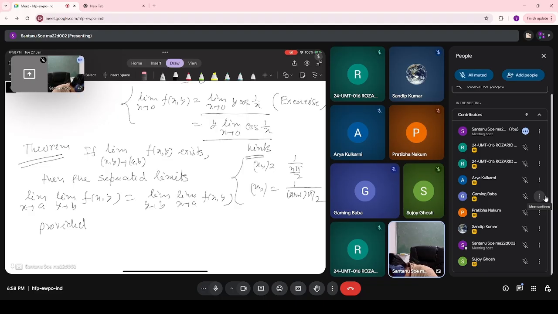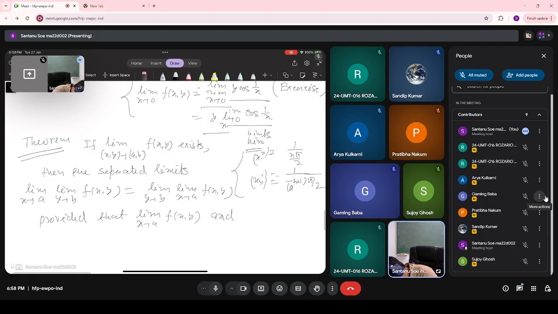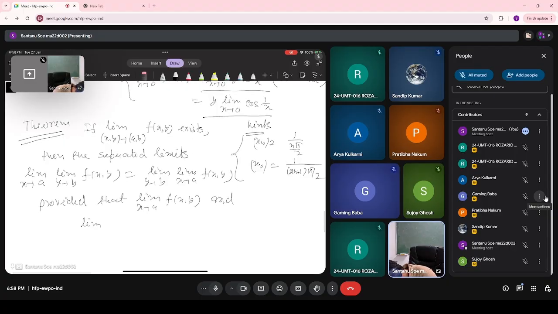provided that limit x tends to a of f of x comma y, sorry, and limit y tends to b of f of x comma y exist.